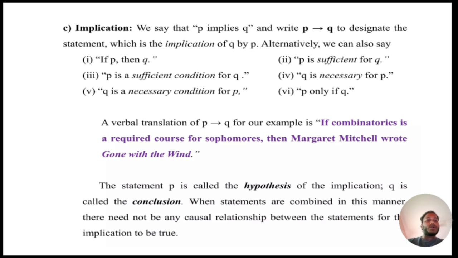The statement P is called the hypothesis, and Q is called the conclusion. When statements are combined in this manner, there is no need for any causal relationship between the statements for the implication to be true.